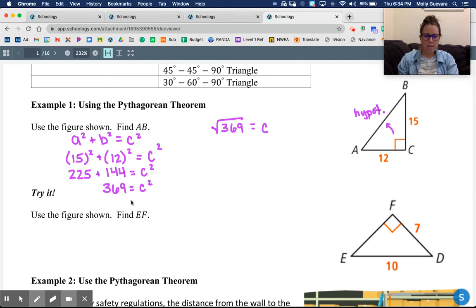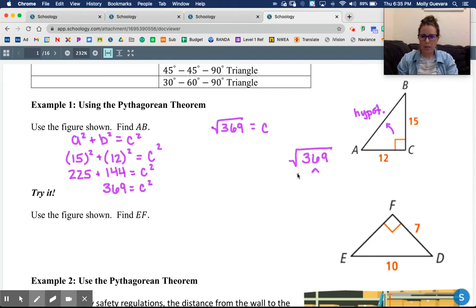Okay, and that's great, but it's not what we call simplified or reduced. I need to reduce this radical, or simplify the radical, by doing a factor tree. So we have to think back to our time learning how to do a factor tree, where I'm just looking for any two numbers that multiply to 369.